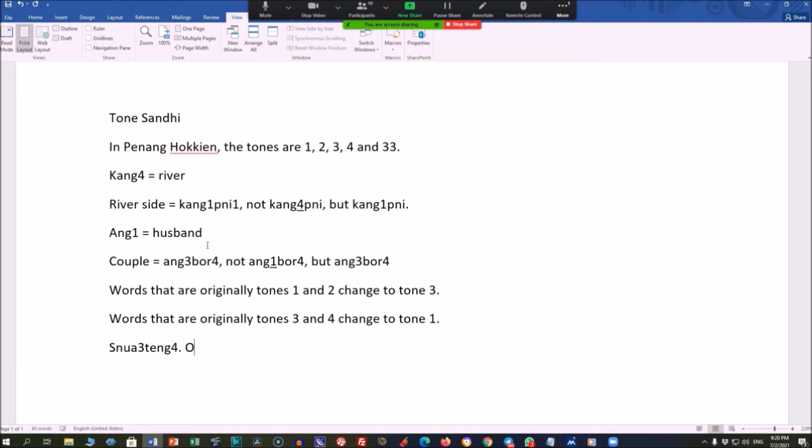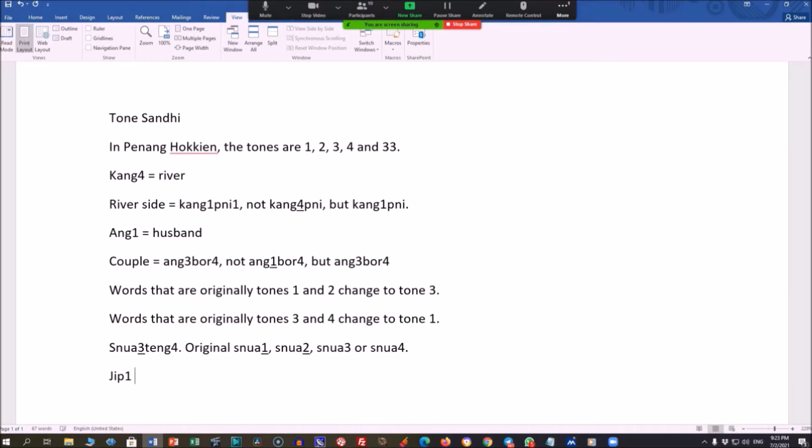It must have originated from a word that is tone 1, tone 2, tone 3, or tone 4? Could be 1. Yeah. So you can see that words originally tone 1 or 2 become tone 3. So it could be 1, and it could also be 2. But in this one, it is tone 1.